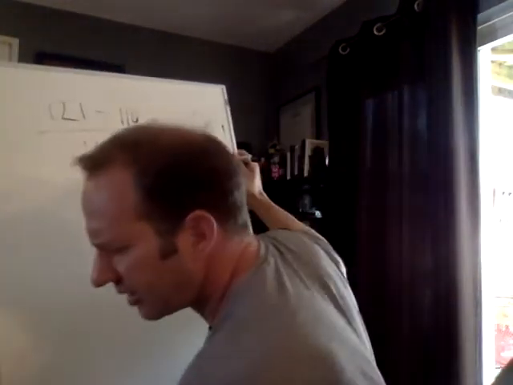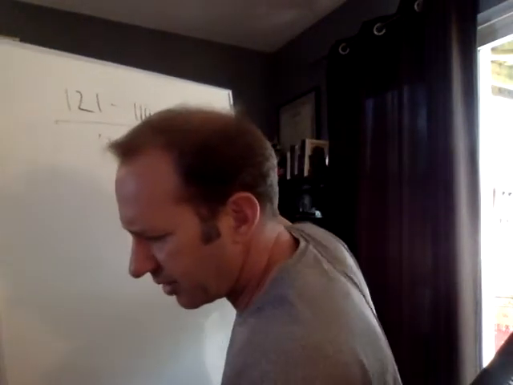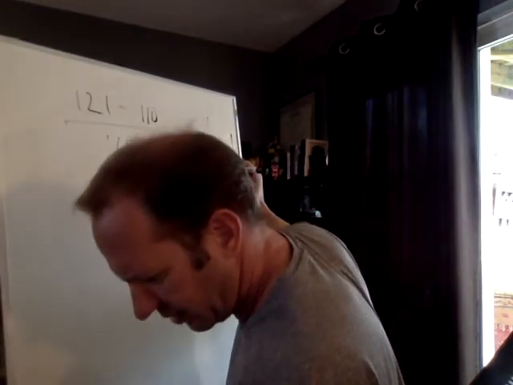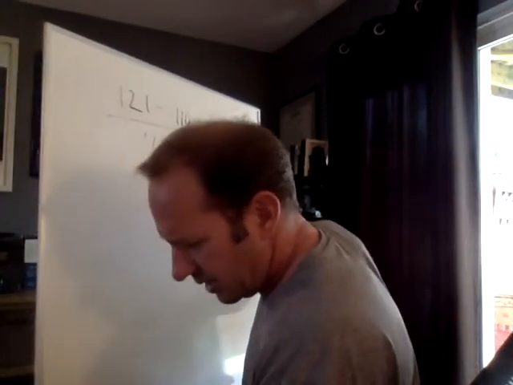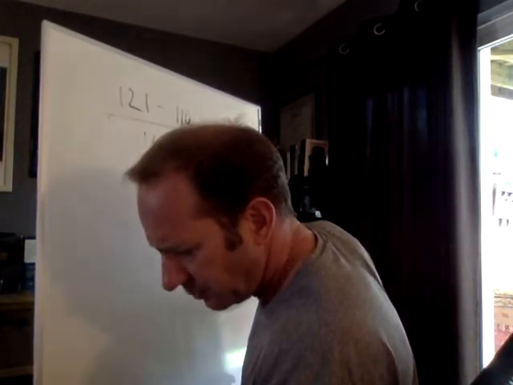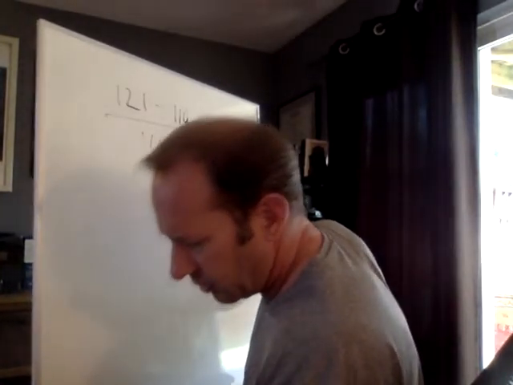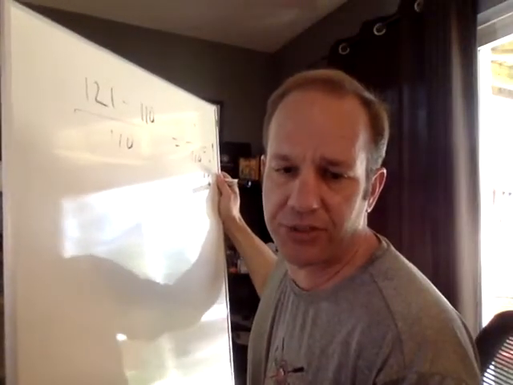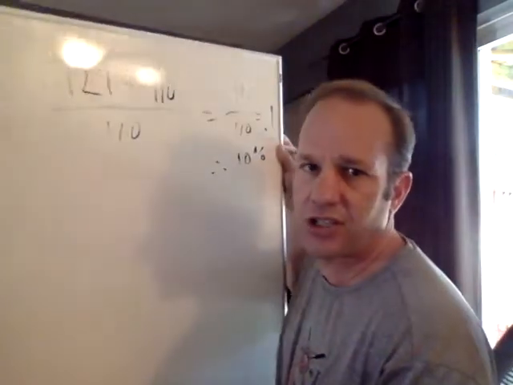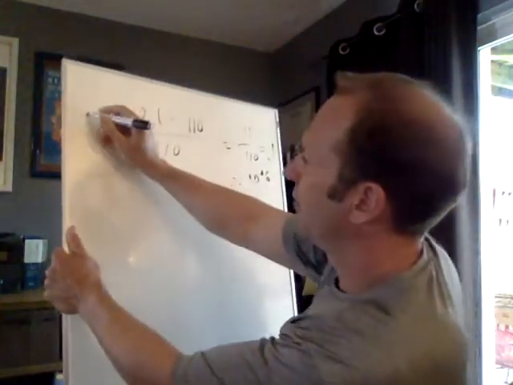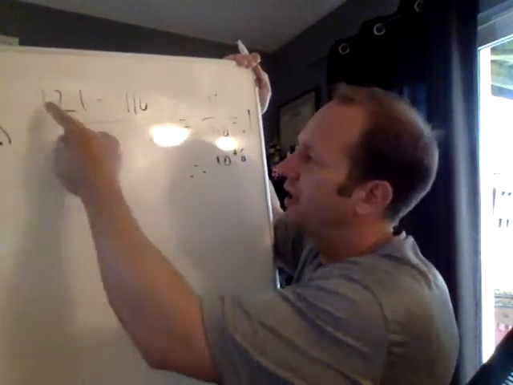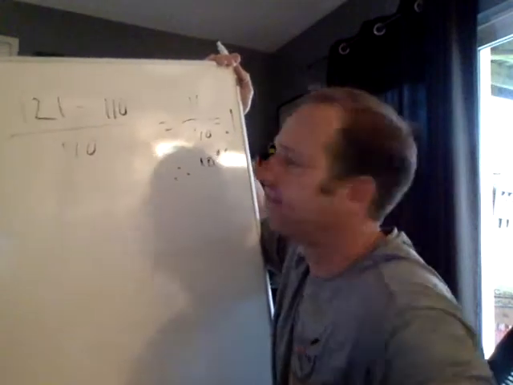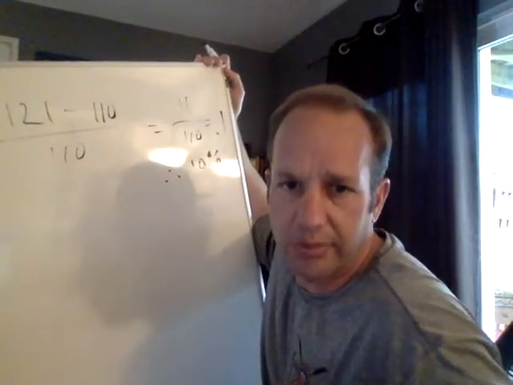Let me make sure I haven't made an arithmetic error, since I'm just doing this in my head. And yes, I got 10%. Didn't make any boo-boos there. So for B, inflation was 10% because the price index changed 10%. For the earlier one, I just did it out loud with the same process: 110 minus 100 over 100. That's 10 over 100, which is also 10%.